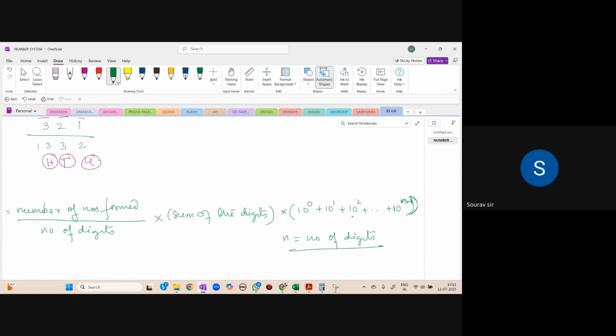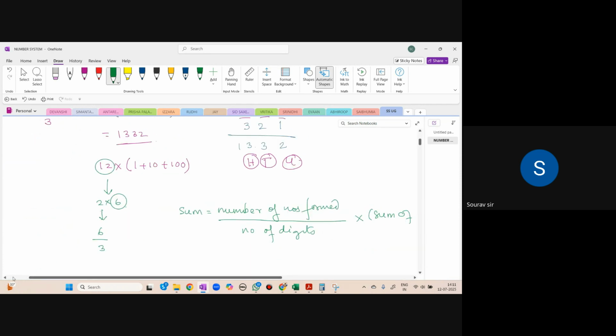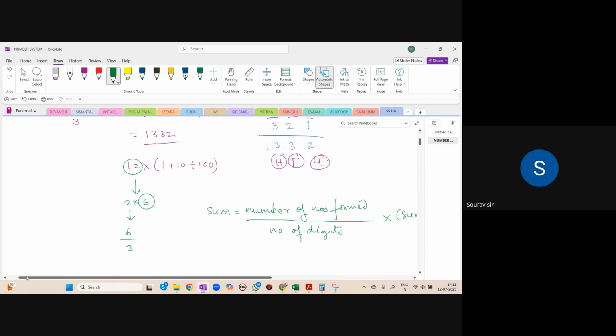So 1 plus 10 plus 10 square. Understood? Everyone clear on this? Yes, sir.